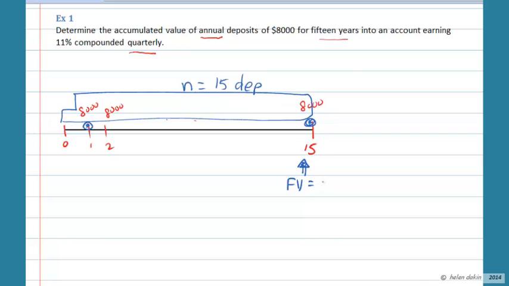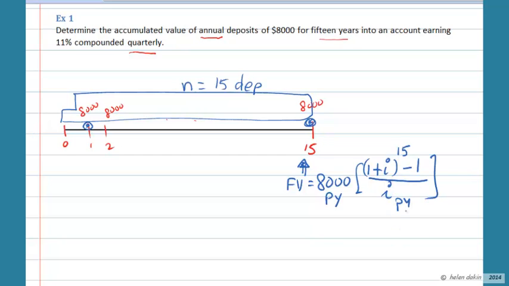It's going to be a maturity value, so the final value will be the $8,000 per year multiplied by the final value factor for an annuity, and that would be 1 plus the interest rate per year for 15 years and 15 deposits, take away 1, divided by the interest rate per year.